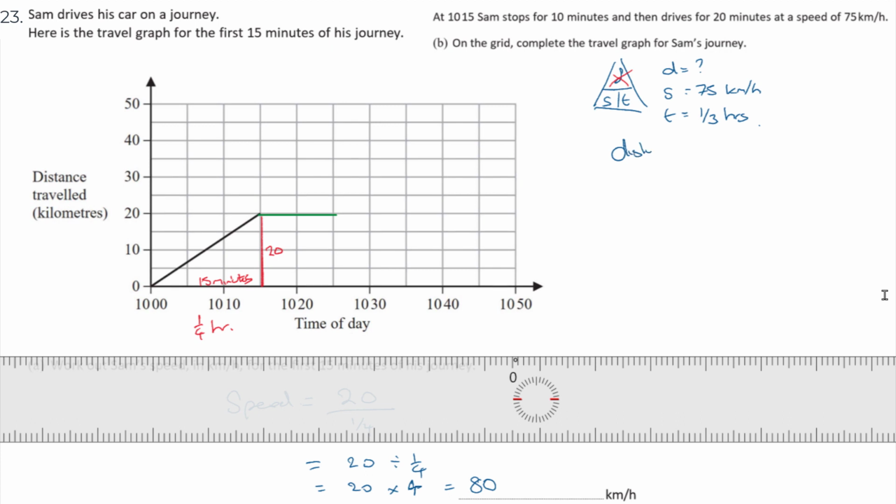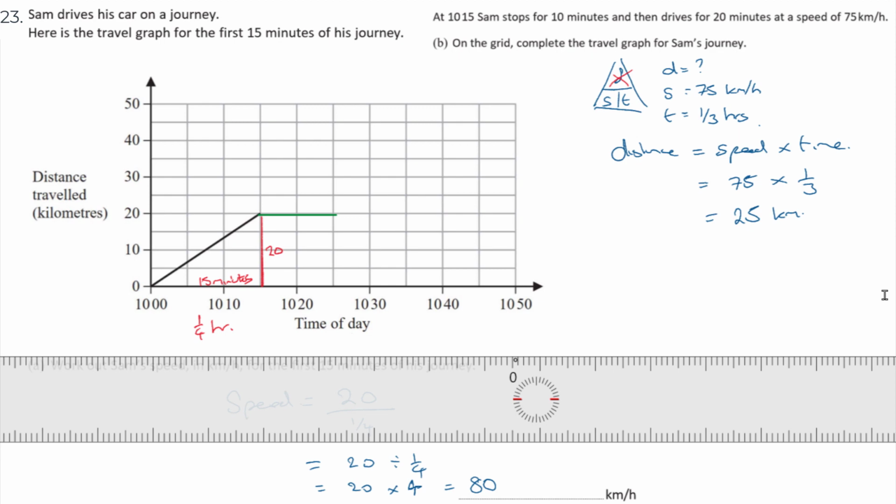So distance equals speed times time, which is 75 times 1/3, or in other words, 75 divided by 3, isn't it? So that is 25 kilometers then. Okay, so I know then in 20 minutes he's going to go 25 kilometers.